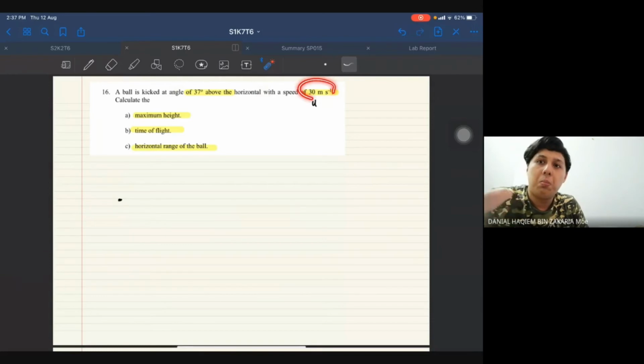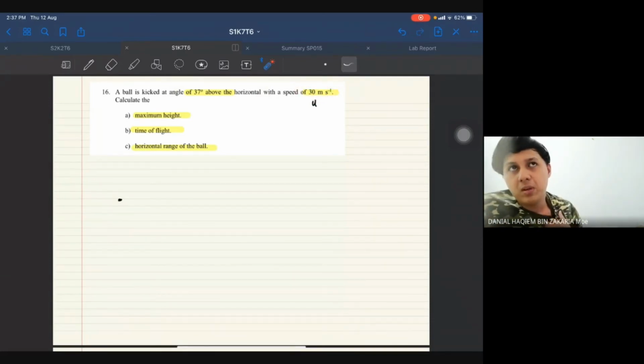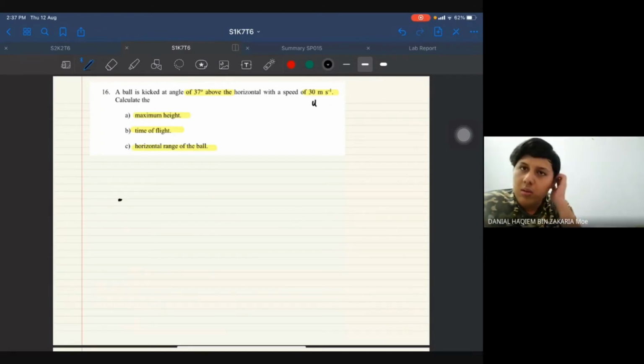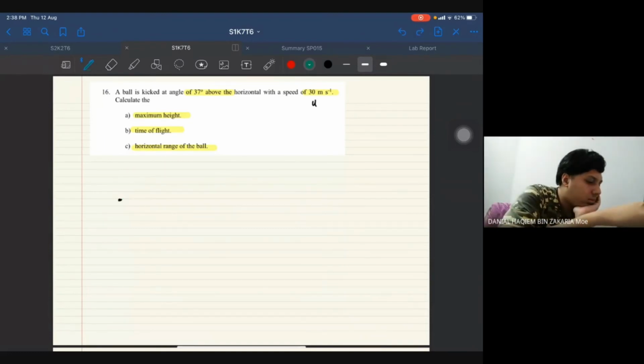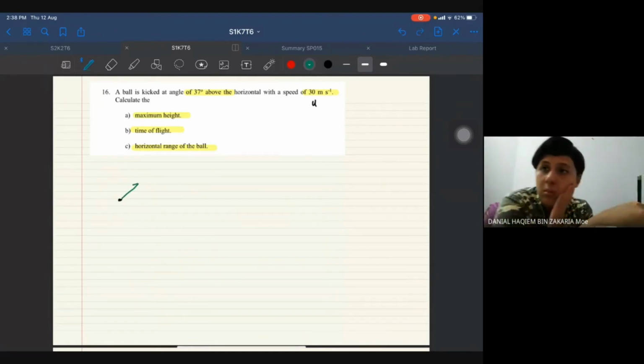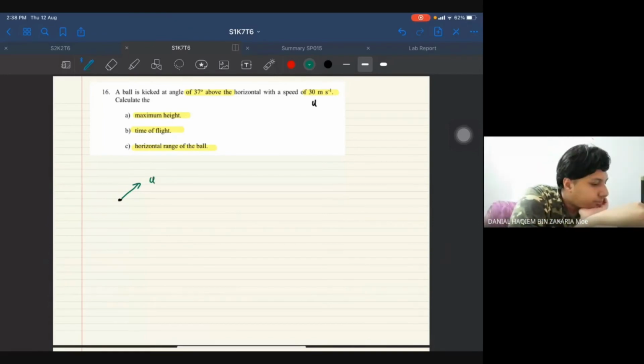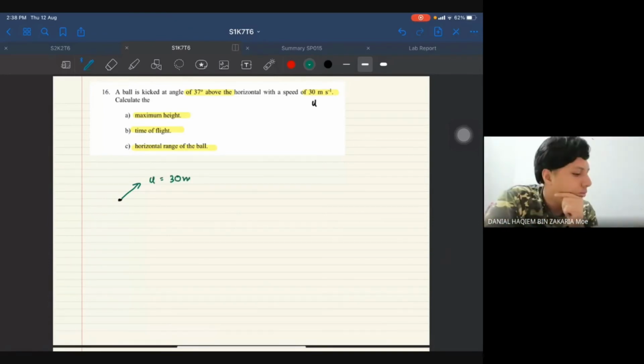Tapi ini dia punya velocity. So the velocity here actually represent your U. Bukan UX, bukan UY, tapi adalah U. So bola tu initially bergerak dengan speed 30 meter per second, 37 degree above the horizontal. So if I want to draw, it would be like this lah. Okay, U equals to 30 meter per second.